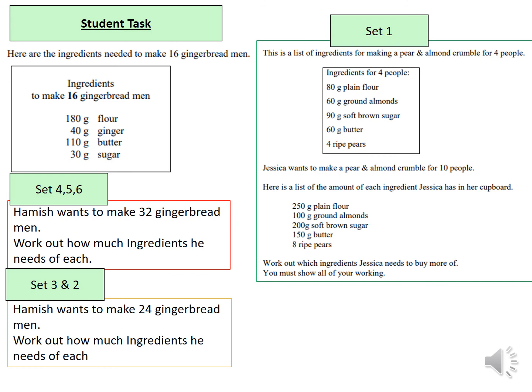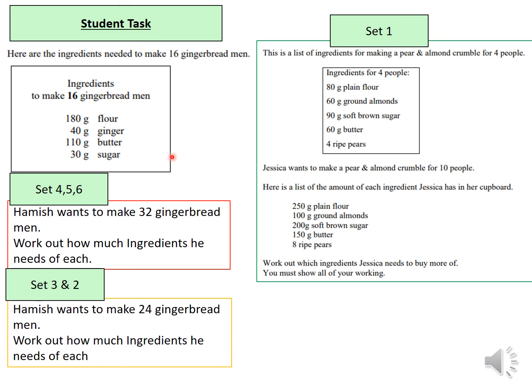Now, here is your task. For students that are in set 1, I want you to look at this question over here on the right-hand side, okay? You can read it yourself and try and answer that question. For students in set 2 or 3, I want you to answer this yellow question down here at the bottom.